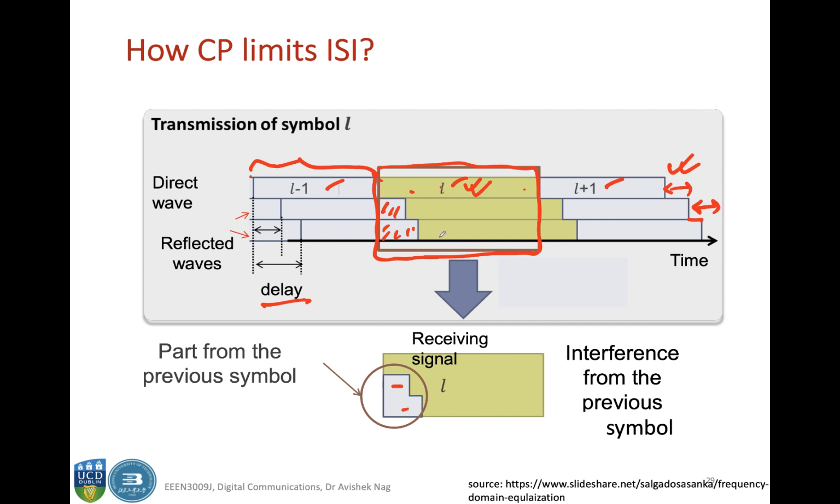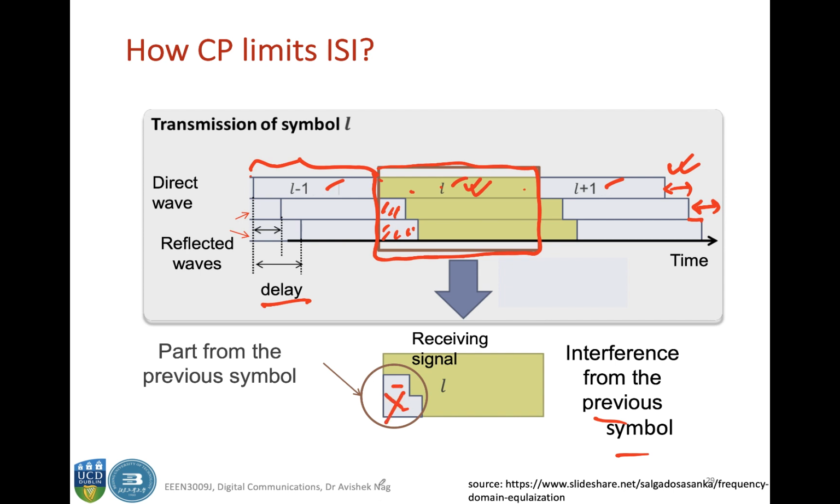L is my block of interest, but I receive some part of the previous one. These are interference from the previous symbol. We don't want these parts.